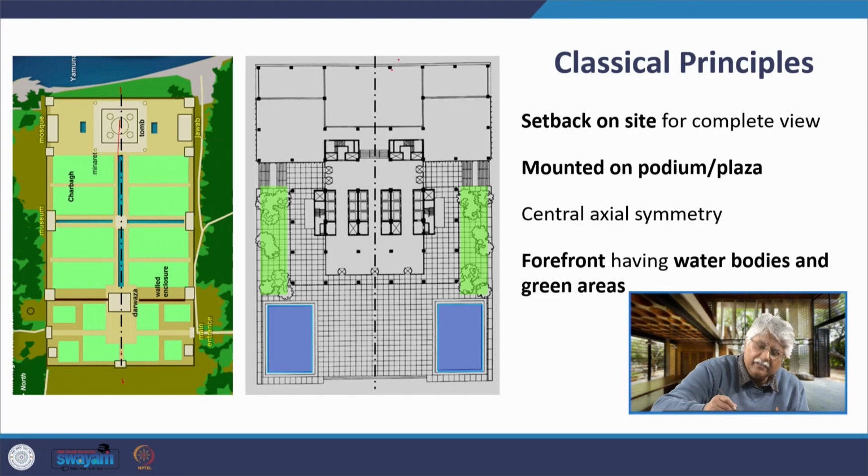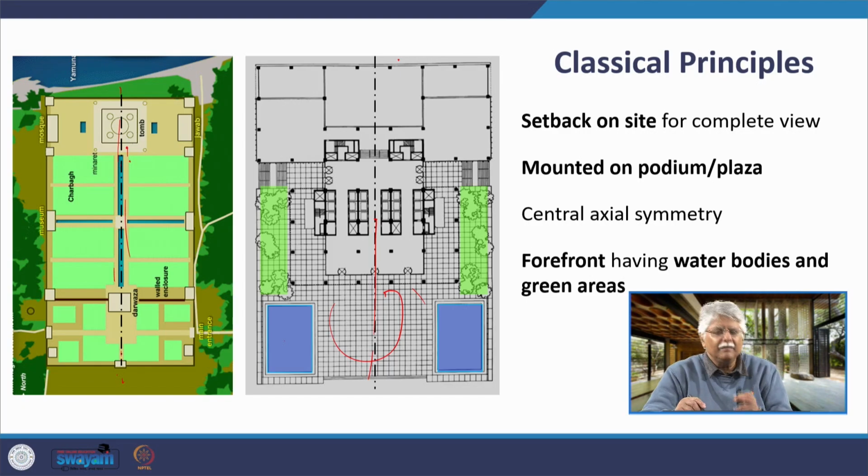The only difference is that in the Taj Mahal, in the middle is the water body, and then there is a pathway around next to it moving towards the Taj Mahal. Here the pathway or the plaza is in the middle moving towards the building, and the water bodies are on the side. But essentially, the classical symmetry is very similar in both of them. Those classical principles are very similar in both.